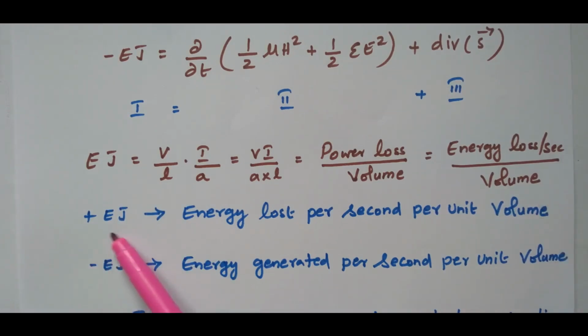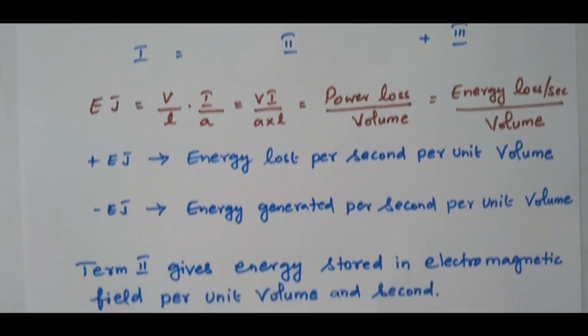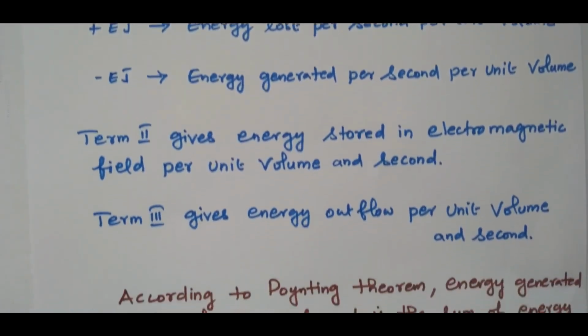If it is plus EJ, it means energy loss per second per unit volume. Minus EJ means energy generated per second per unit volume. Right? This plus or minus represents either energy loss or energy generated.